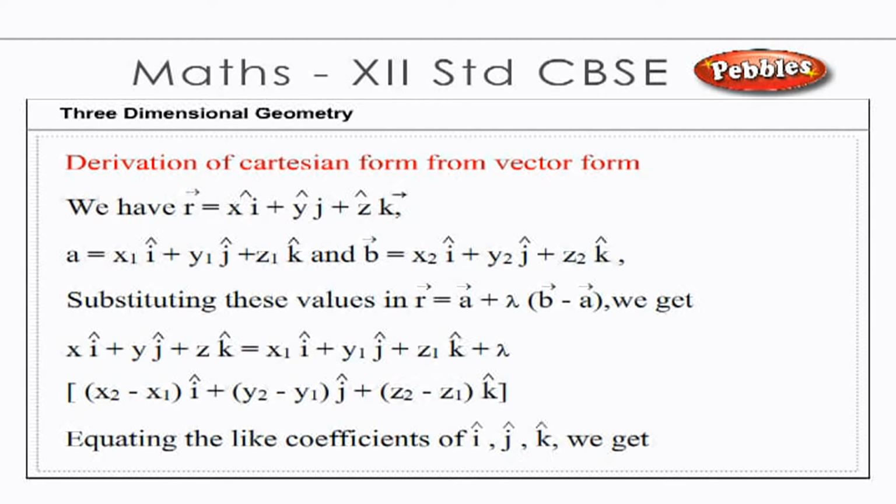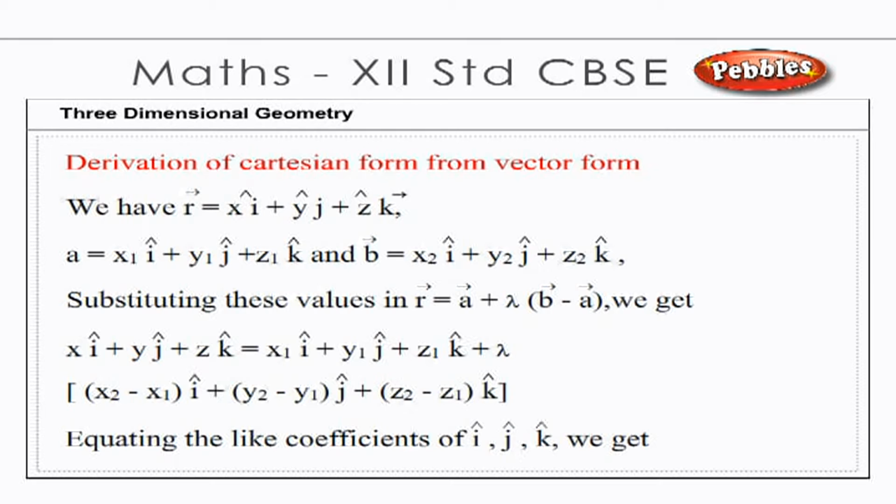Substituting these values in 1, we get x i cap plus y j cap plus z k cap is equal to x1 i cap plus y1 j cap plus z1 k cap plus lambda into ((x2 minus x1) i cap plus (y2 minus y1) j cap plus (z2 minus z1) k cap).